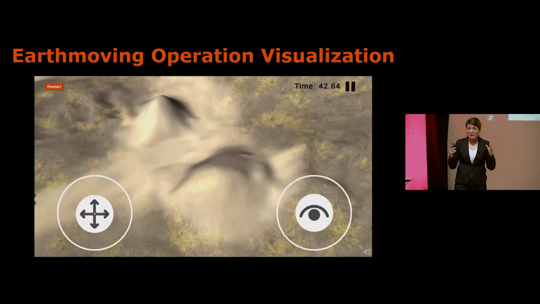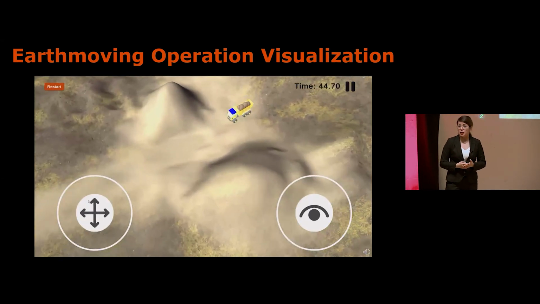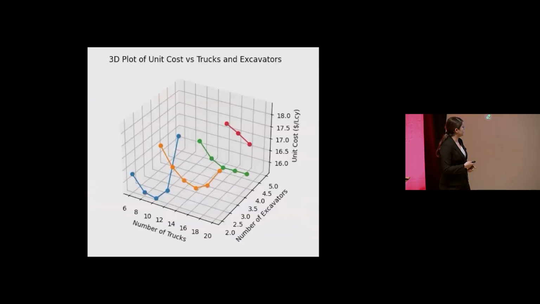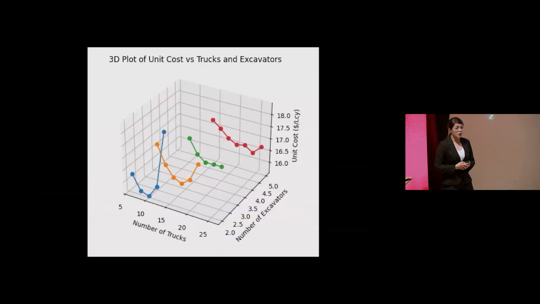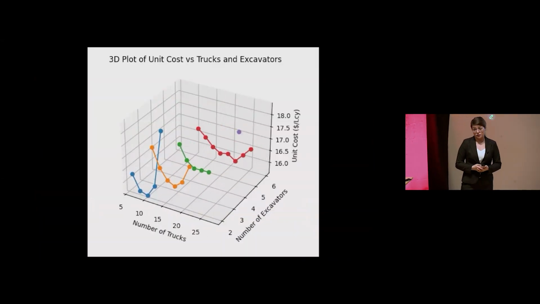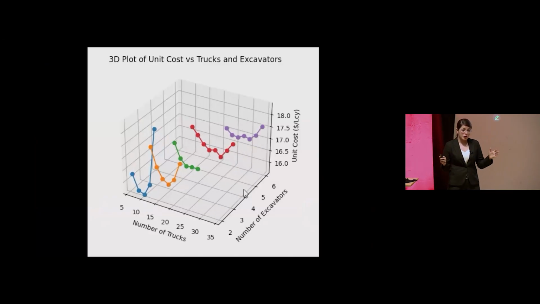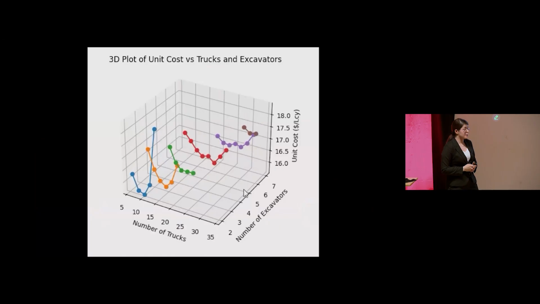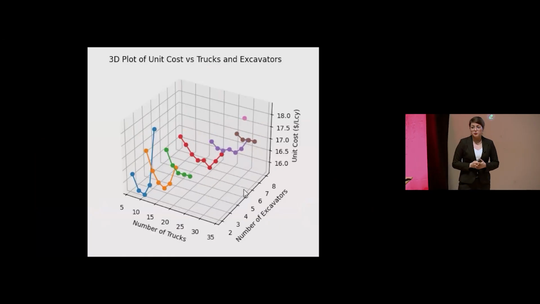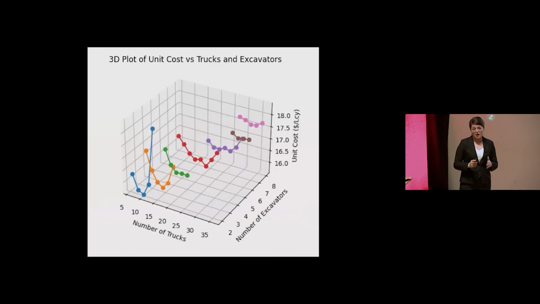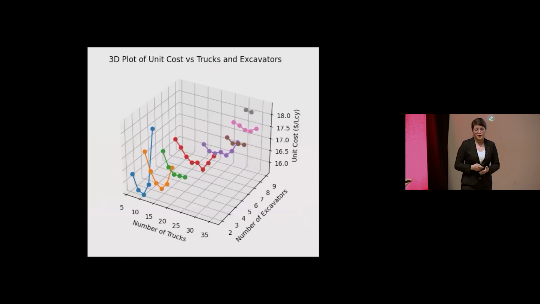I can also add or remove resources, like changing the number of trucks or excavators. This 3D plot shows unit cost based on the number of trucks and excavators. The colors show different scenarios where I've changed the number of vehicles in operation to calculate the immediate impact on timing, cost, and productivity to choose the best option.